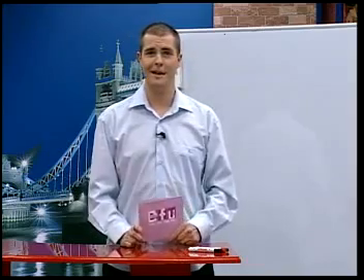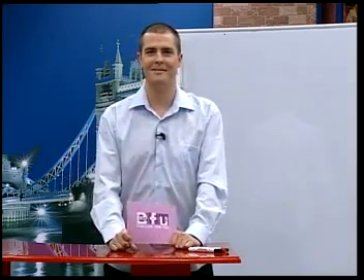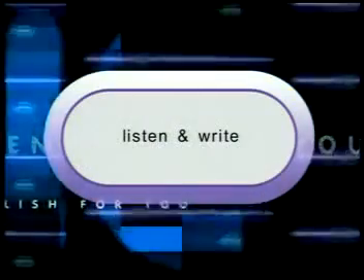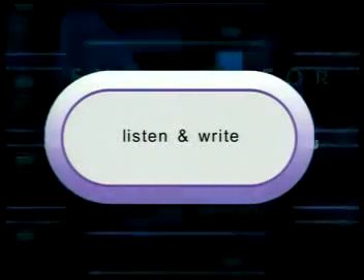Hope you learned something, and now it's time to listen and write. Listen and write. Listen and write these sentences. Number 1. What Jean got for Christmas wasn't acceptable. Number 2. I don't know where her present is.